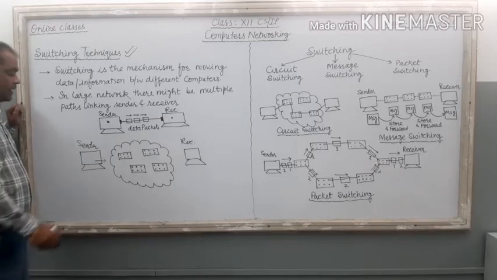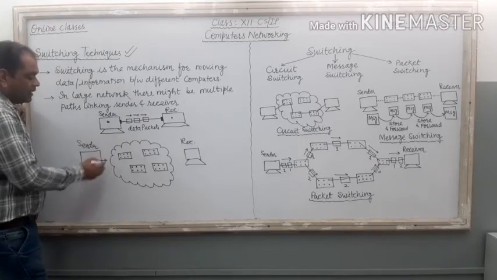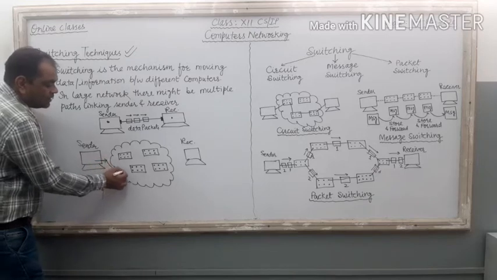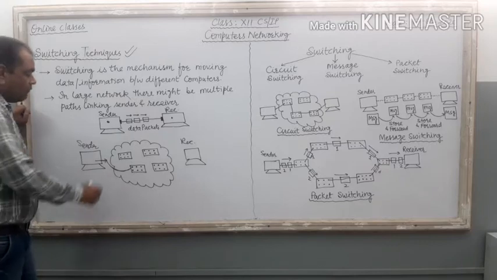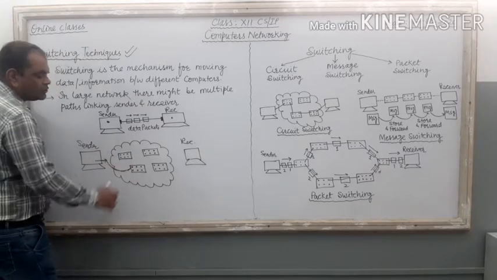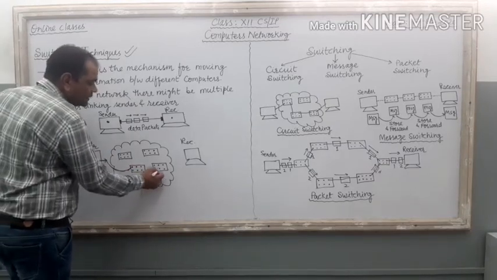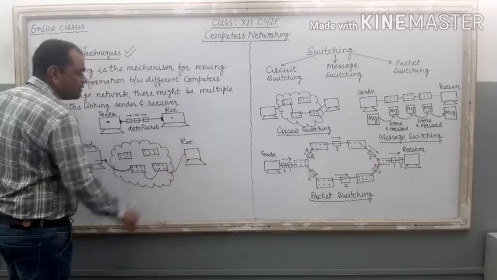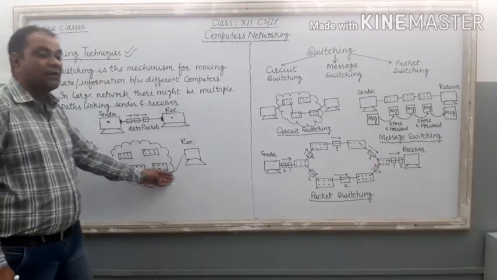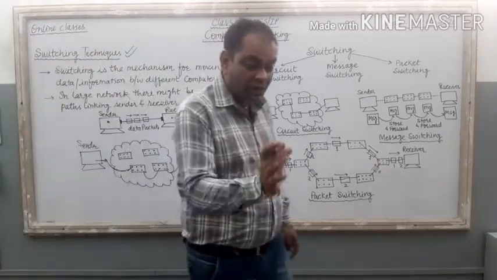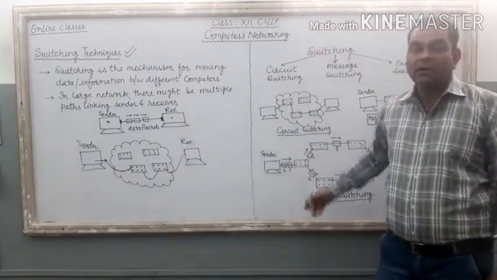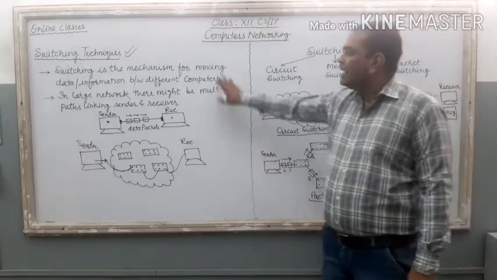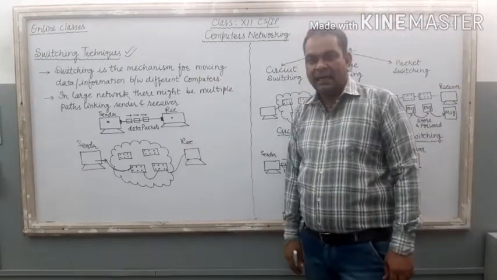Suppose this computer is connected with this switch: first the file reaches the switch, then this switch to this switch, then this switch to this particular computer. So different switching devices are there and data is switched between different nodes of the network. Right? So this is the concept of switching technique.